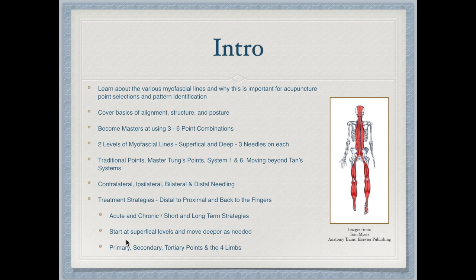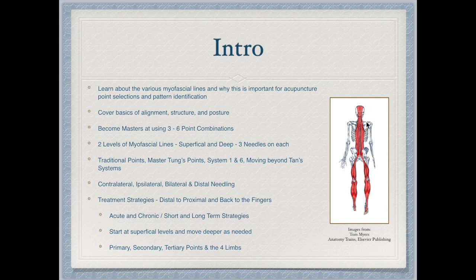Typically, I like to start at the superficial levels and then move deeper as needed because this gives me extra diagnostic information as well. So say you have a client and they've got neck and shoulder pain, and maybe you're really not sure what it is. They don't have any x-rays or MRIs, or it's not clear at what level this exists.